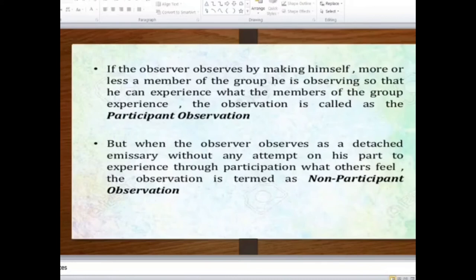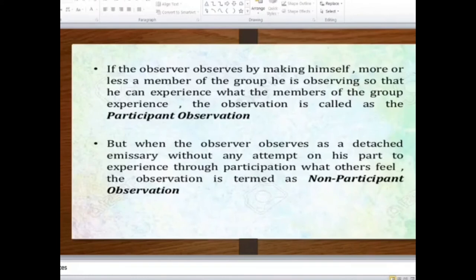I am giving an example: the researcher is a participant in an Alcoholics Anonymous group and is observing something about that group. This is participant observation. The observer plays a double role, participant as well as observer.